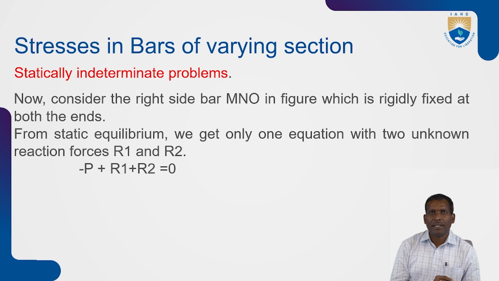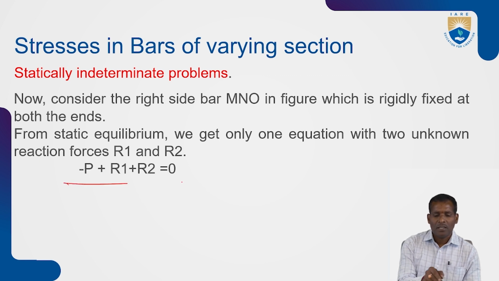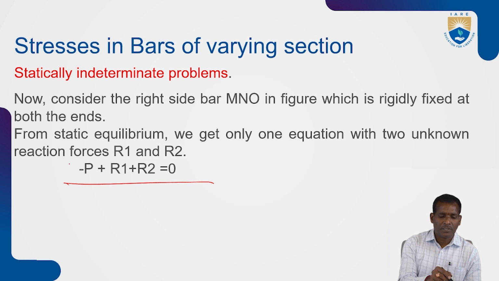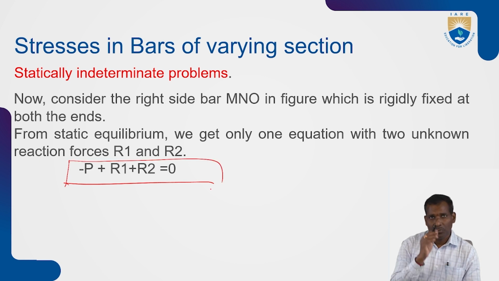For this, from static equilibrium we get only one equation with two unknown reaction forces R1 and R2: R1 plus R2 minus P equals 0. For static equilibrium, the summation of all forces, external and internal, will be 0.